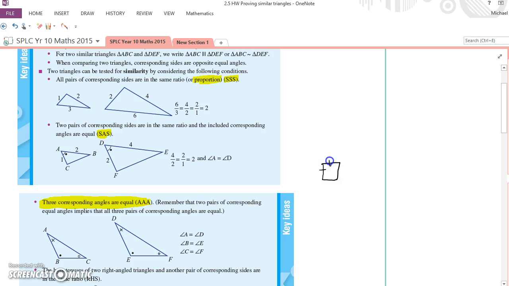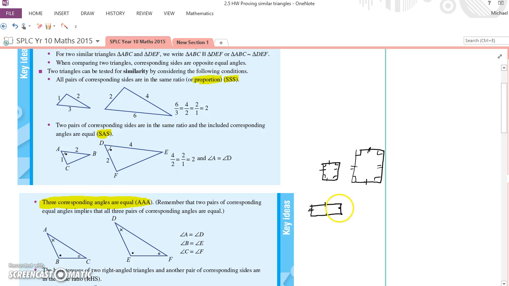If I take any square, all the angles are equal there, and if I take a larger square, I can easily get that by multiplying by a constant, a scale factor. So that works. What it doesn't work for is rectangles. They may have the same angles.